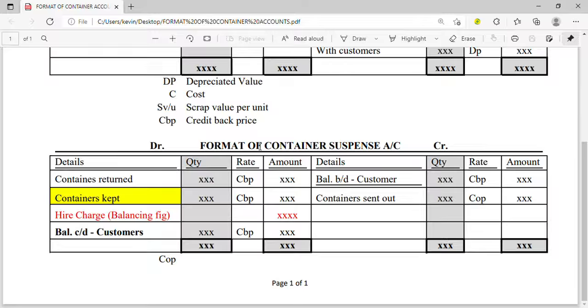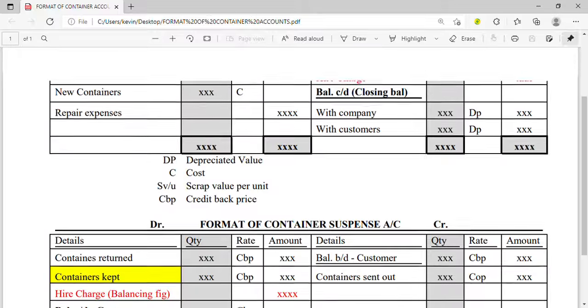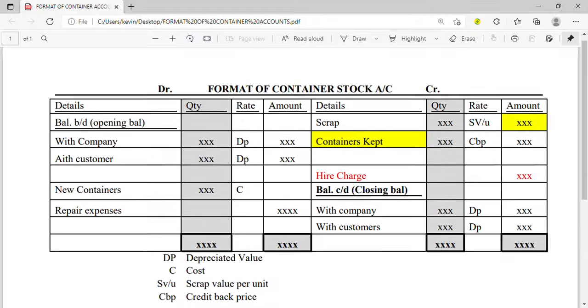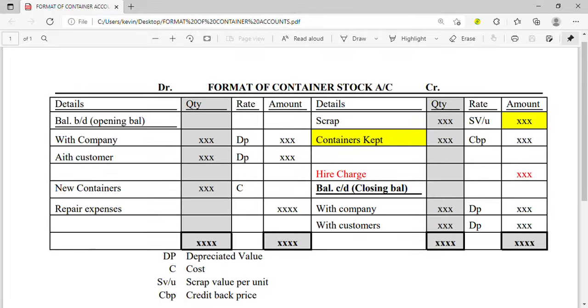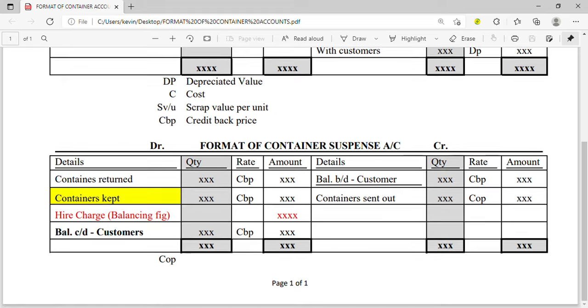But if the debit side is greater than the credit side, we get the hire loss. And those were the two formats, two accounts. In container accounts, we have the container stock account and then the container suspense account.